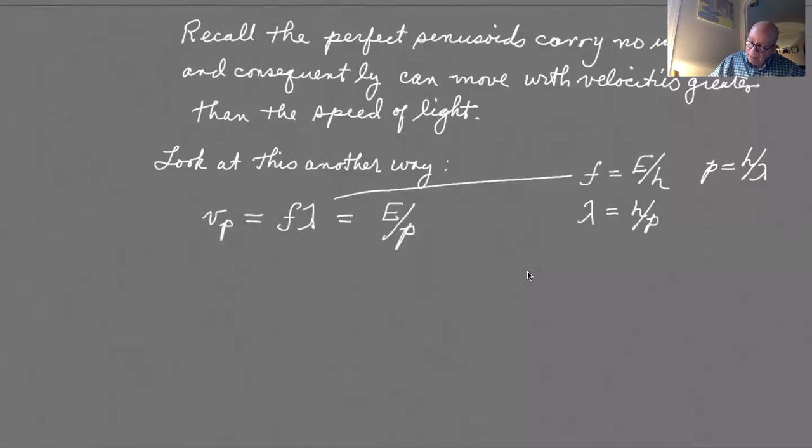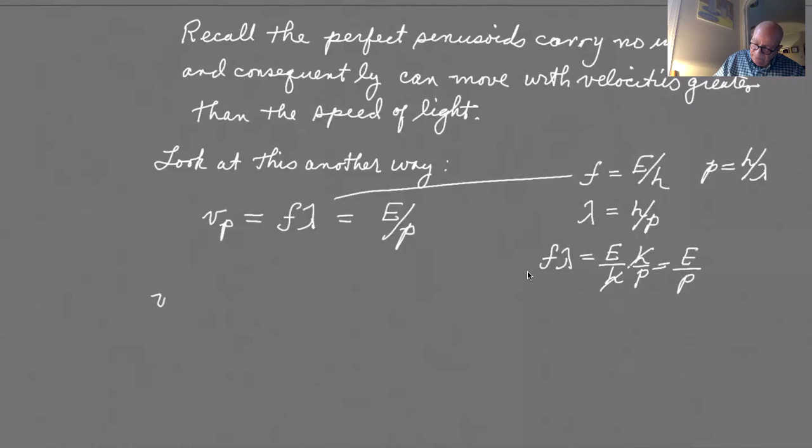And so we get that frequency times the wavelength is E over h times h over p, which is E over p.